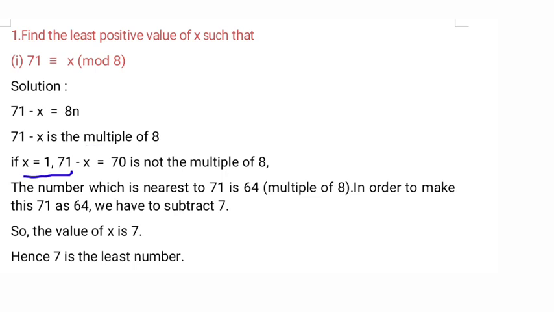For x equal to 1, 70 is not a multiple of 8. For x equal to 2, 69 is not a multiple of 8. We continue substituting, and the last value is x equal to 7. We get the value 64, and 64 is divisible by 8. So the value of x is 7.